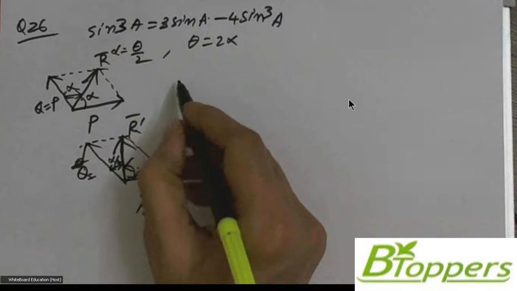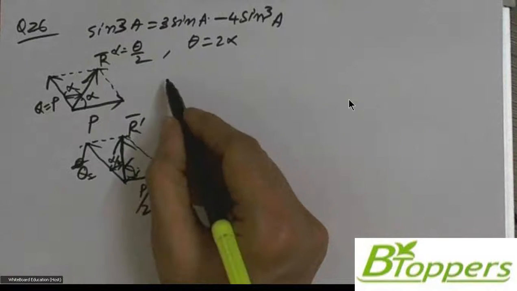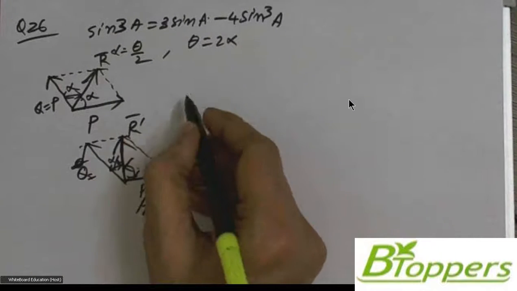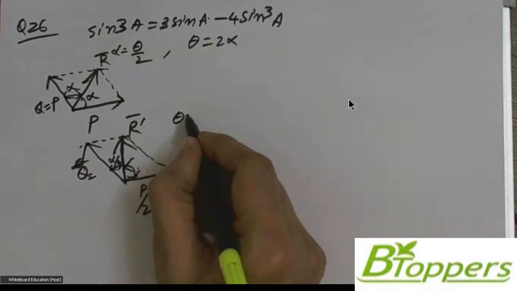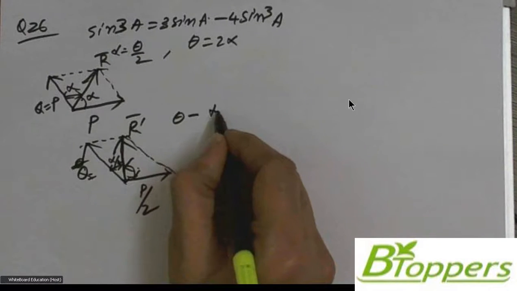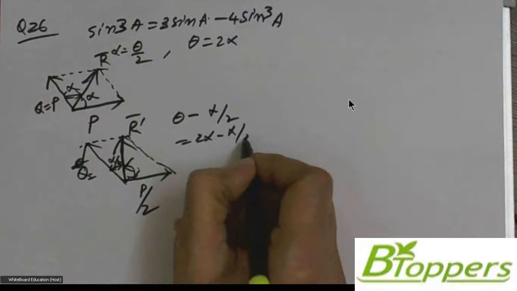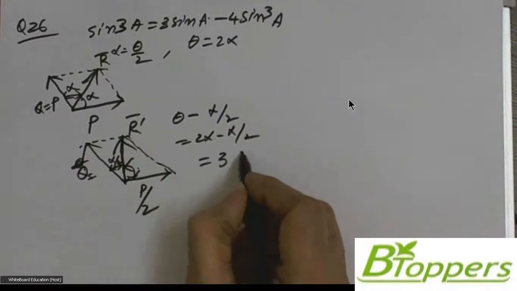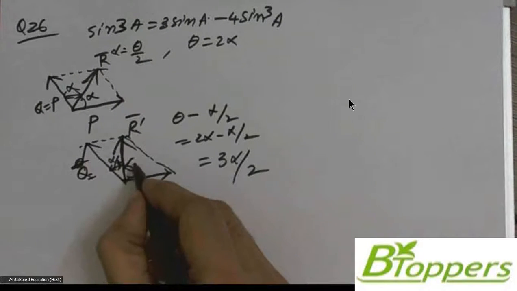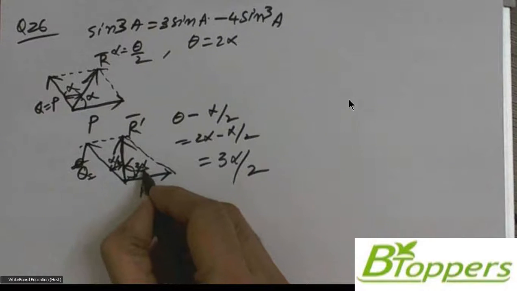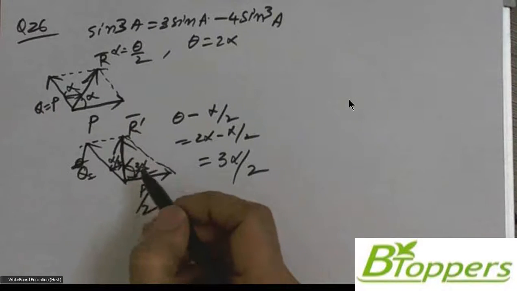This particular angle made by the resultant with the first force in the second case will be theta minus alpha by 2, that is 2 alpha minus alpha by 2, which will be 3 alpha by 2. So this angle becomes 3 alpha by 2.